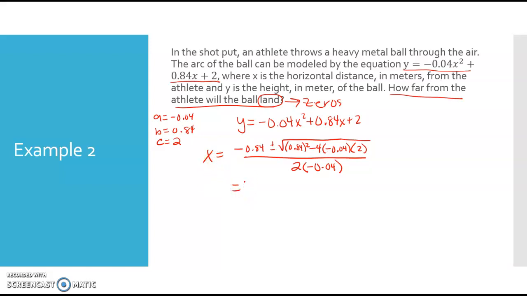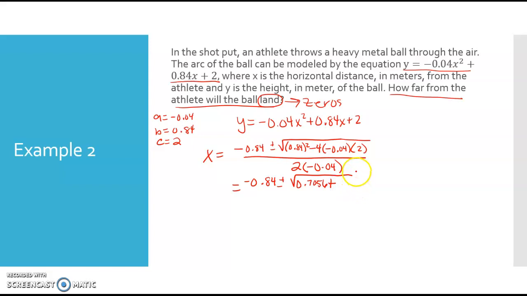All right, we're just going to simplify. Negative 0.84 plus or minus, and then on our square root, b squared, let me get the work I had already worked out so that you don't have to wait for me to type it all in. B squared is 0.7056. And then negative is going to make this positive.